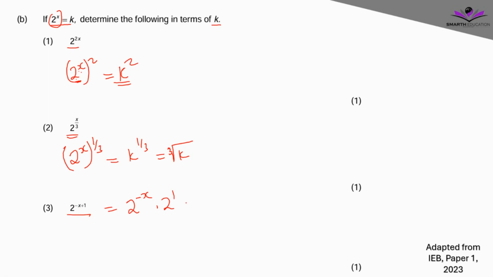Right? And then this is like 1 over 2 to the power x times 2, which becomes 1 over k times 2. Then we can write it like this as 2 over k, or you can say 2 times k to the power negative 1. But this should be your answer.